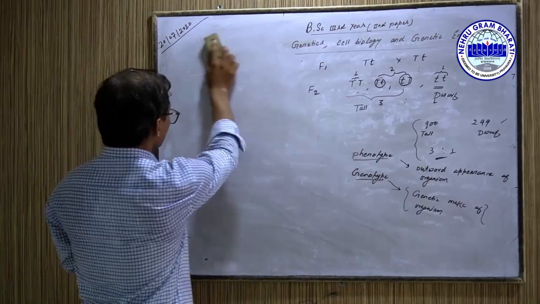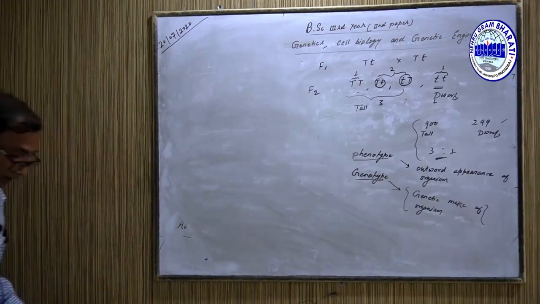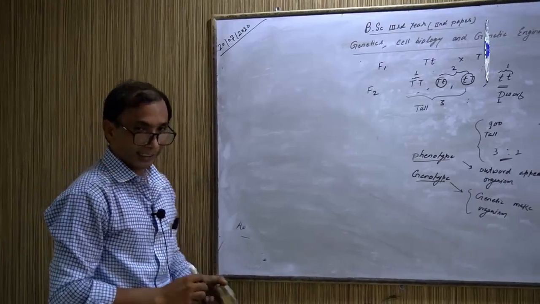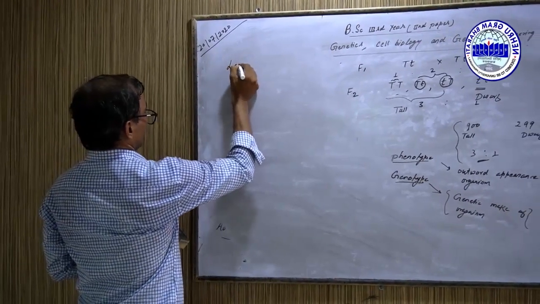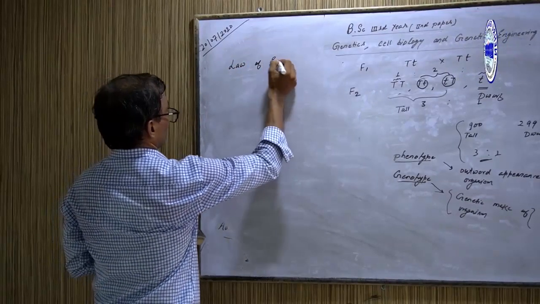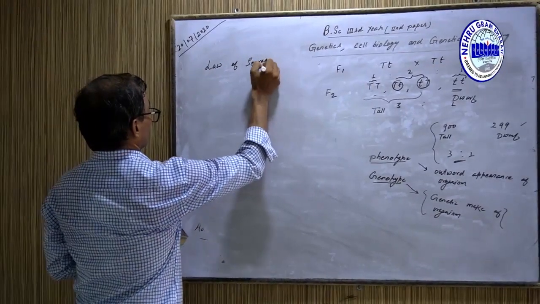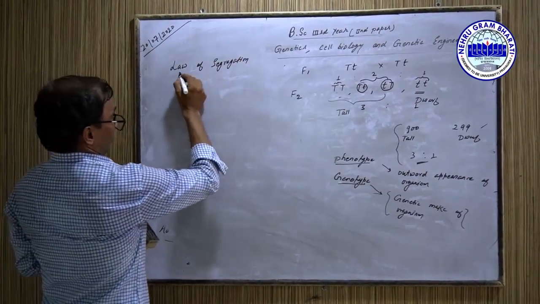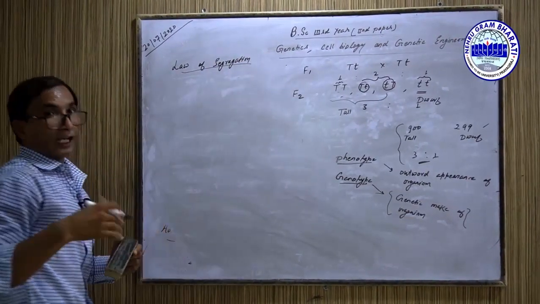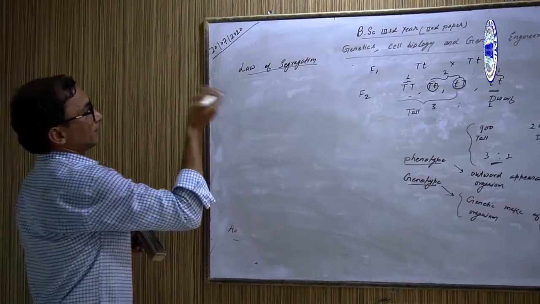So the law of segregation: when Mendel performed the monohybrid cross, he gave the law of segregation.